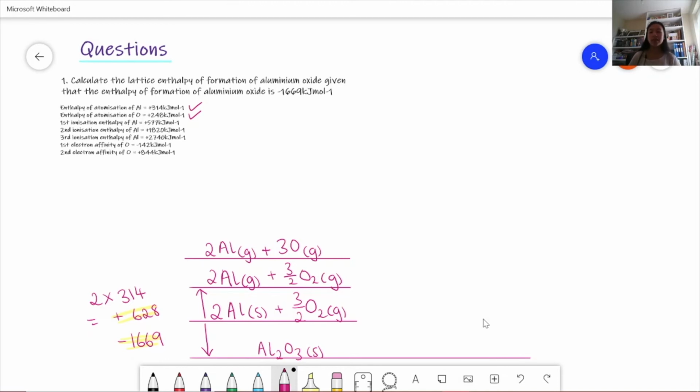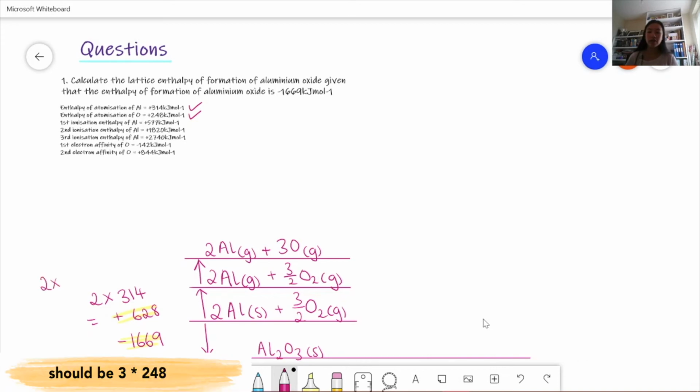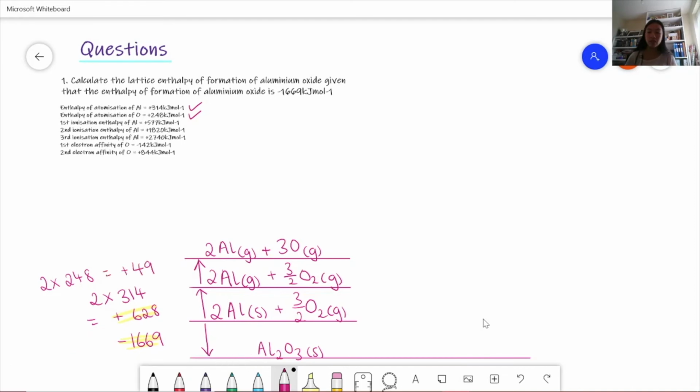So we need to times this figure for the enthalpy by 3. So we draw an arrow going up, and then we have 2 times 248, which is equal to 496 joules. And then we highlight this. As you can see, it's really important to leave yourself quite a lot of room because it can get really crowded. So to make it easier for yourself to read all the numbers later, make sure to maybe put the numbers in different colours or highlight them, and also use a lot of space on the paper.